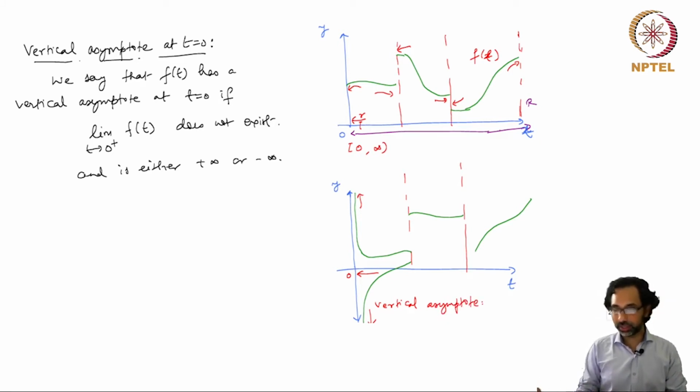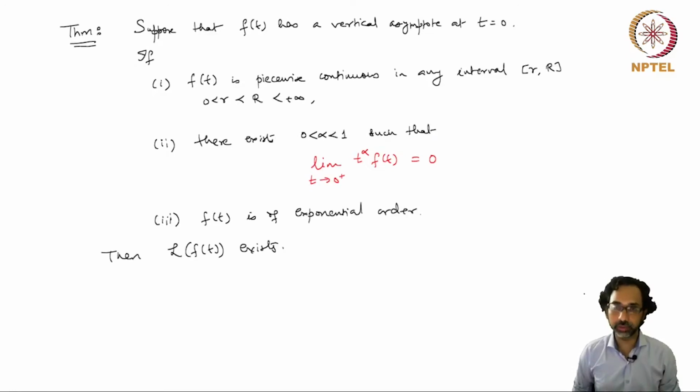So today we will see some sufficient conditions under which functions which are piecewise continuous outside 0, but at 0 have a vertical asymptote, may have Laplace transforms. In this case we have the following theorem, which says that if f(t) has a vertical asymptote at t equal to 0, and if three other conditions are satisfied.